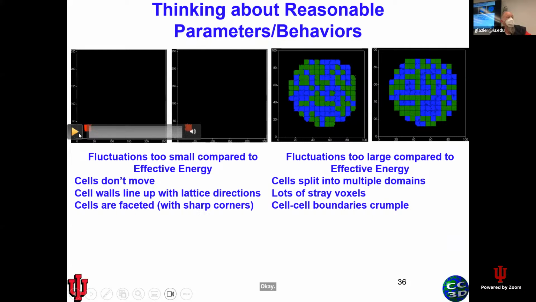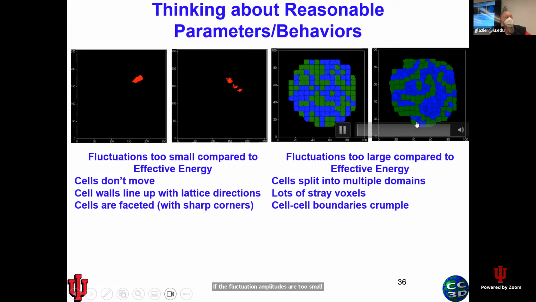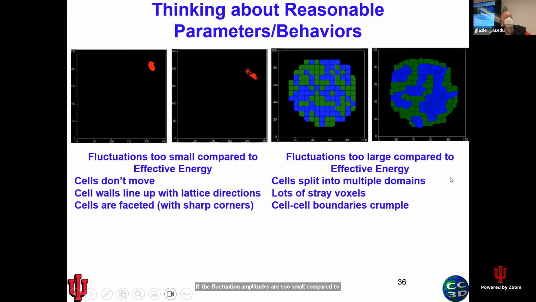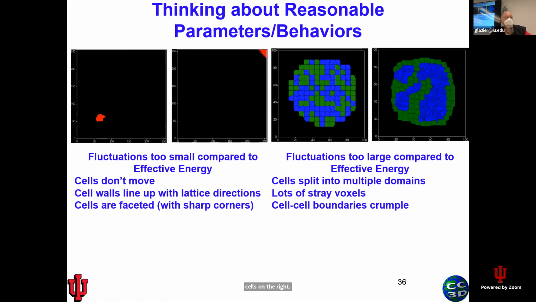Okay. So here, if the fluctuation amplitudes are too small compared to the effective energies, we get things like those green cells on the right, where the cells don't move very much. The cells' walls line up with lattice directions, and they have sharp corners.